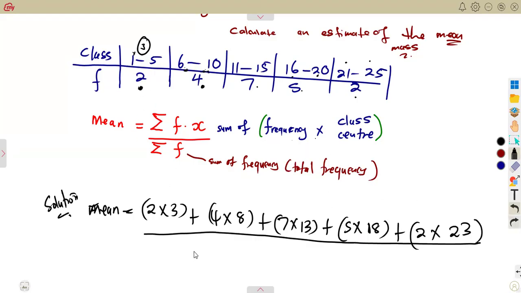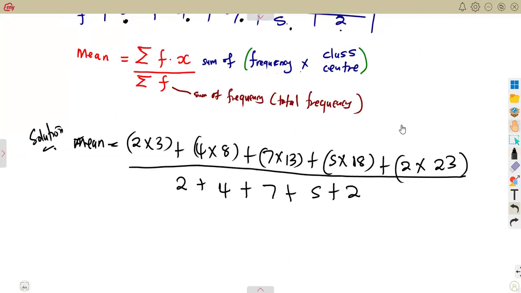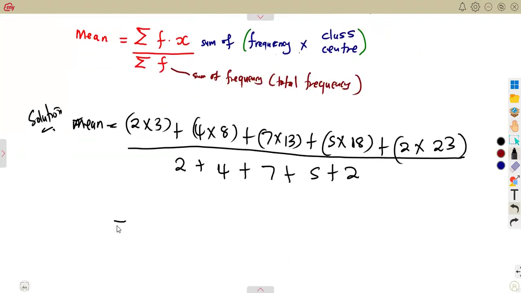You add your frequencies. This is 2 plus the next one, it's 4, plus the next one, it's 7, plus the next one, which is 5, plus the next one, which is 2. You add those frequencies together. That is the total frequency, the sum of the frequencies.